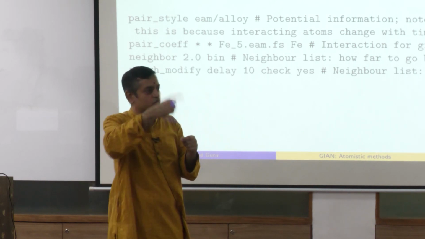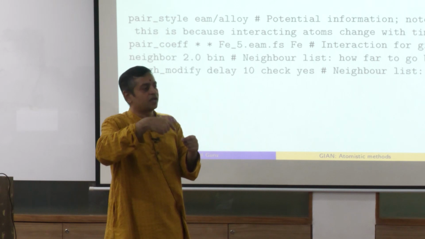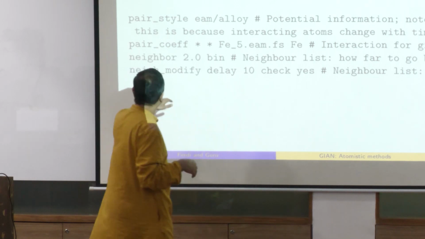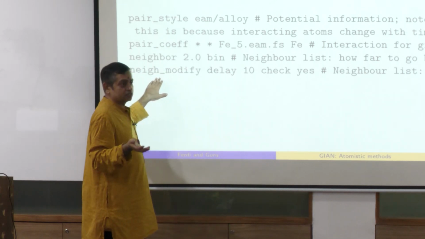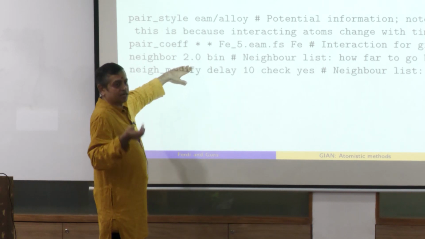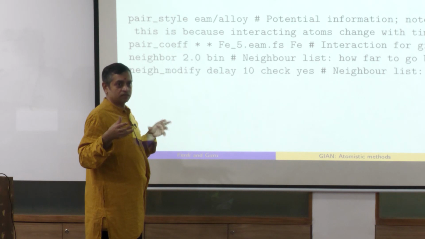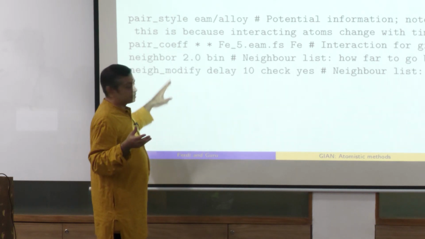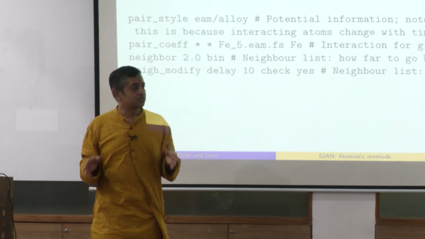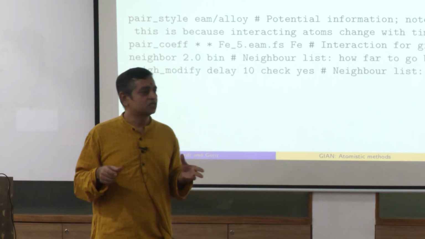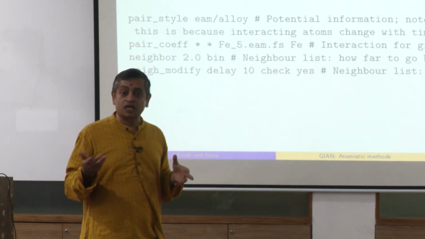Then there is how much time you should wait before rebuilding the neighbor list, because atoms are moving and it might require rebuilding. If you are on a lattice and things are not moving much, the neighbor list is costly to calculate.